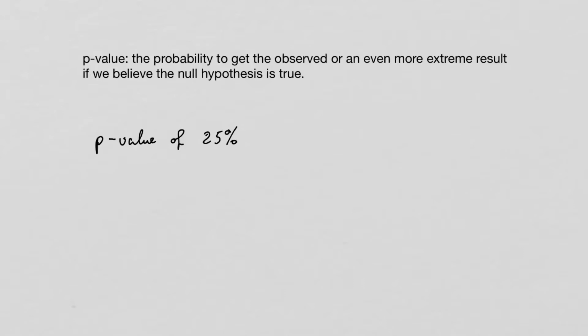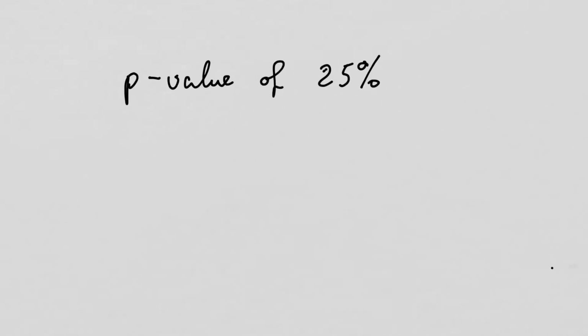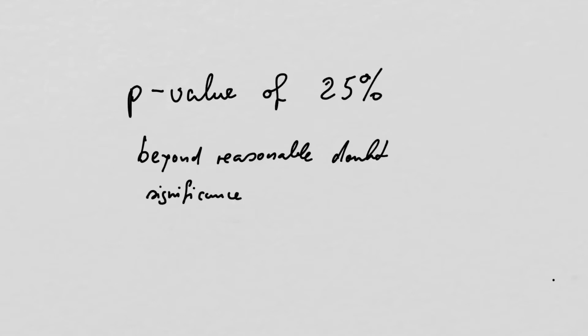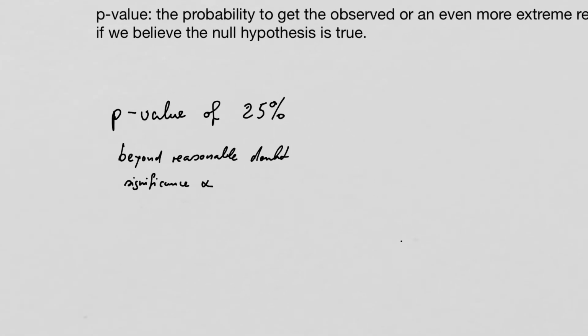Very often, or what we usually find, is that this phrase of beyond reasonable doubt, this significance level, and very often it's abbreviated with alpha, is very often set to 5%.